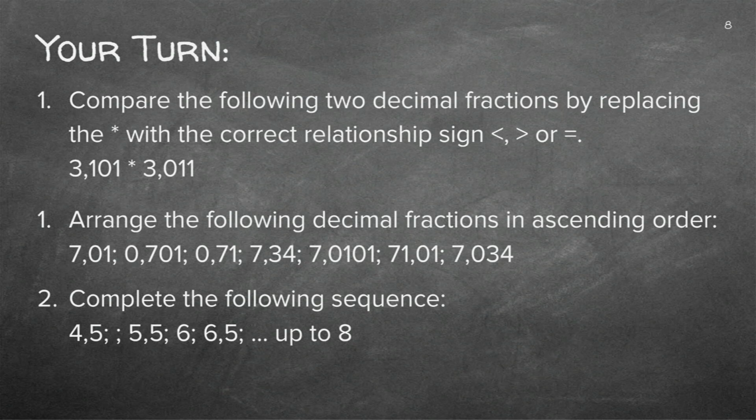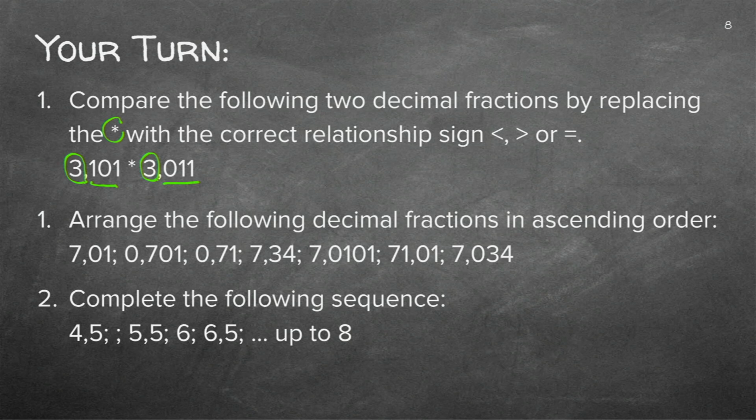They ask us to compare the following two decimal fractions by replacing the star with the correct relationship sign, either smaller than, larger than, or equal to. So what did I say? We know that there's a 3 and a 3 whole number, so we're just going to compare the digits of the decimal fractions.